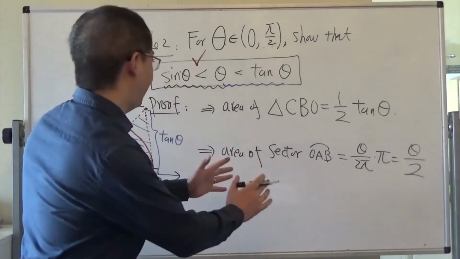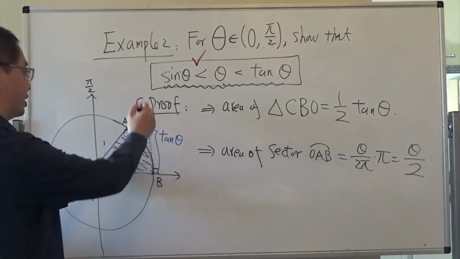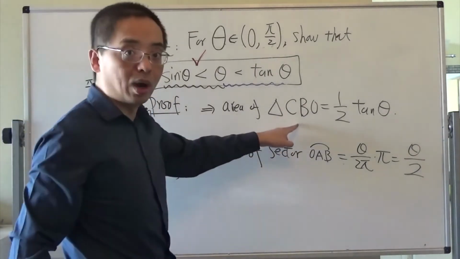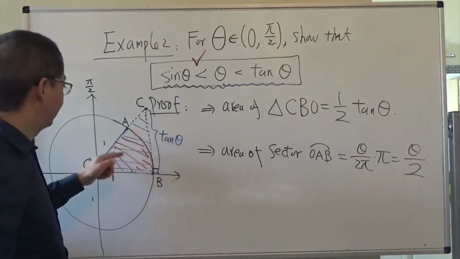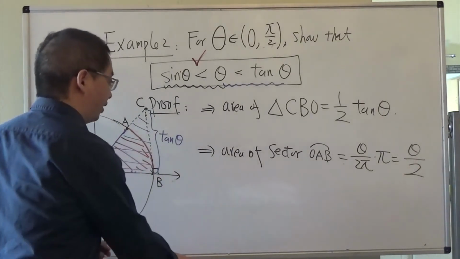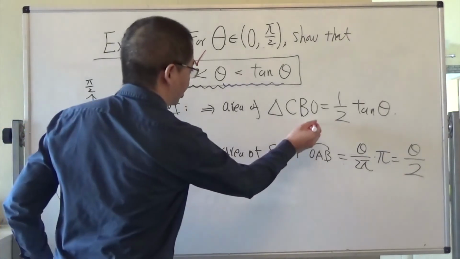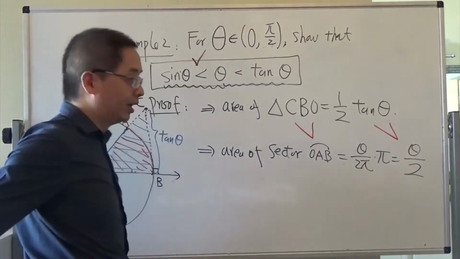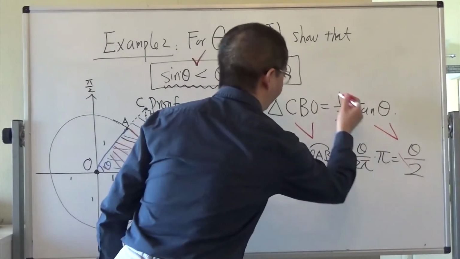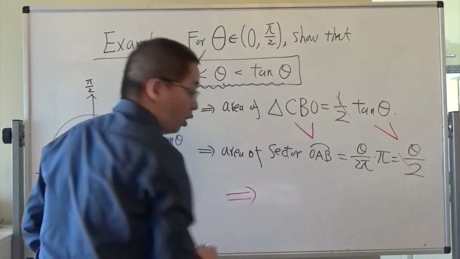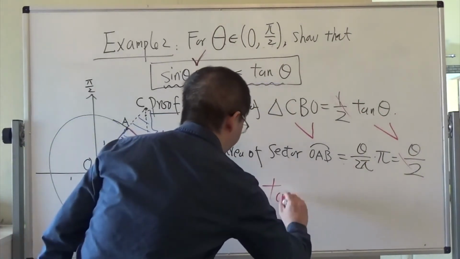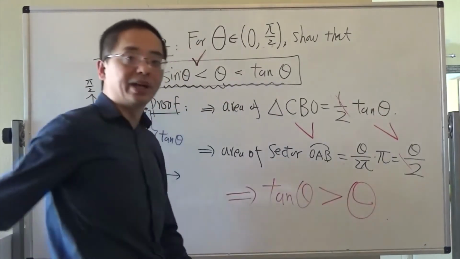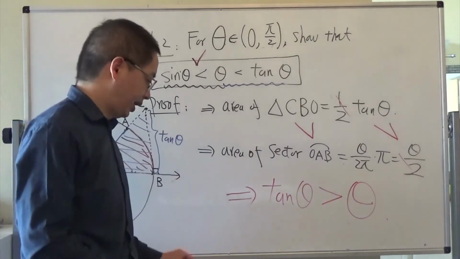Now, if you compare the area of OBC and the area of OAB, obviously the triangle is greater because the sector is just part of it. So I have this one greater than that. Now I cancel 1/2 on both sides, and this leads to what we want: tangent theta is greater than theta, based on comparison of areas.